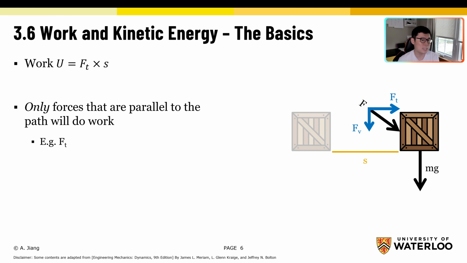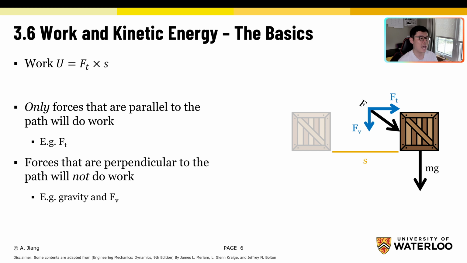For this force F, we can break it into x and y, or even just say the tangential and normal direction of the path, Ft and Fn. T is tangential, n is perpendicular, the normal. In this case, Fn is in the same direction as the weight, mg, so they do not do work. Only Ft, the tangential force component, does work here.